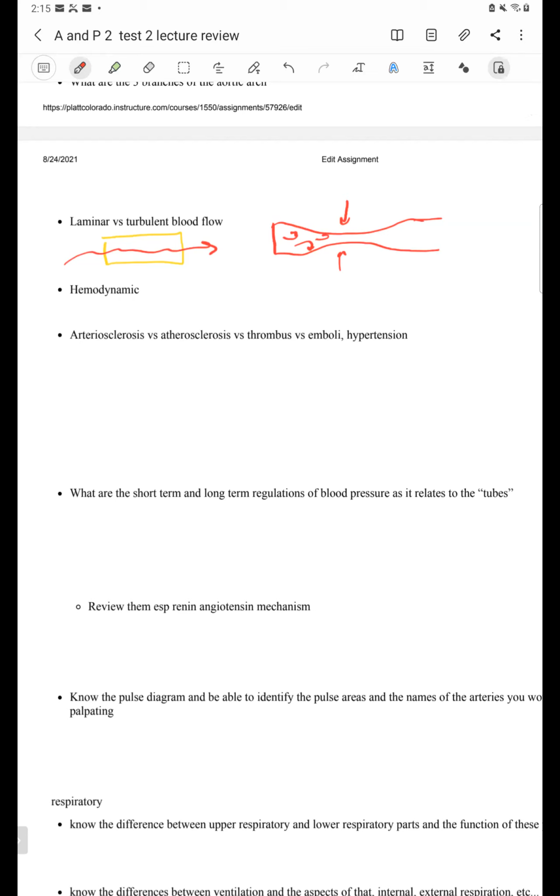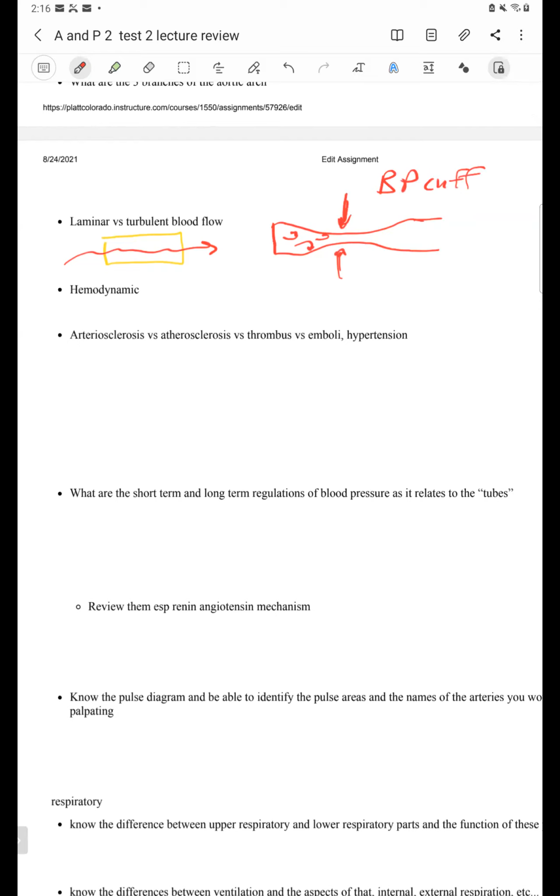Okay. Turbulent flow can happen because of some sort of pathology, or you can do it on purpose through a blood pressure cuff, where you're squeezing down on the artery on purpose, kinking the tube on purpose.